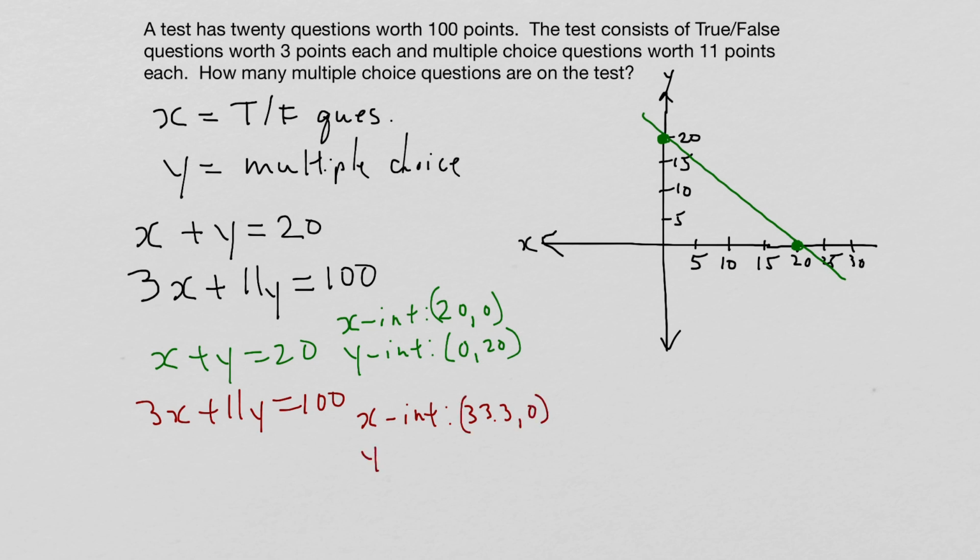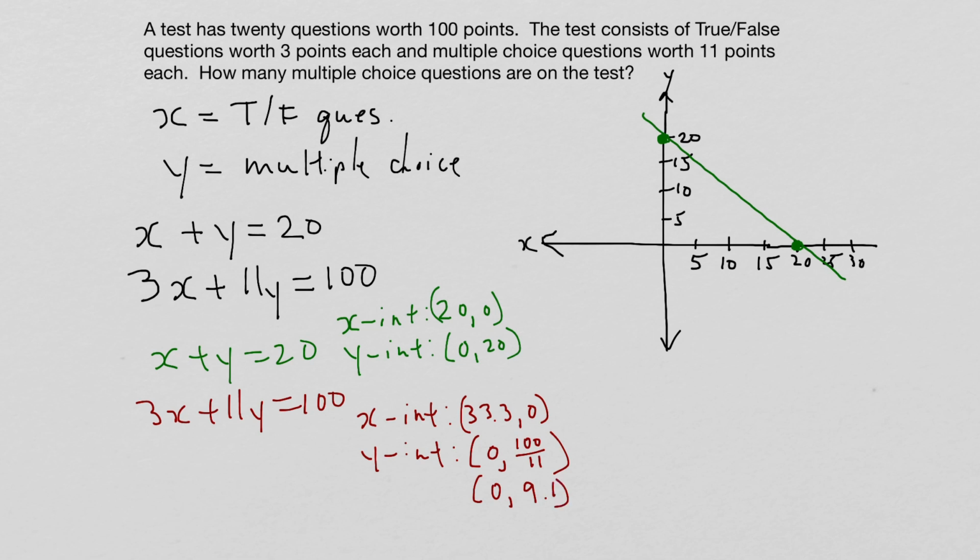And then the y-intercept, when we set x equal to 0, we get 0, comma 100 over 11, which is the same as 0, comma 9.1.